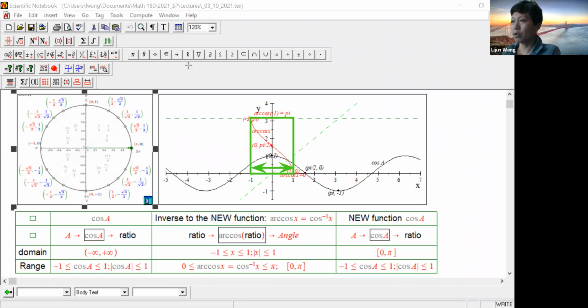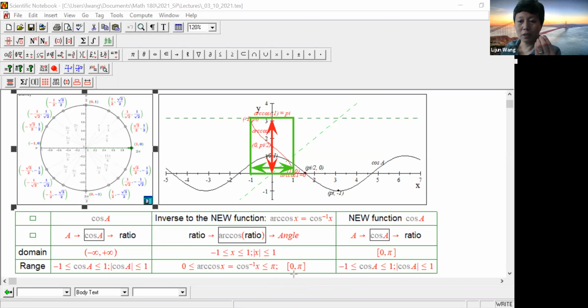Range, what does it tell you about range? Between 0 and pi. So the arc cosine value will never be negative. Do you see that? The arc cosine value is always between 0 and pi.